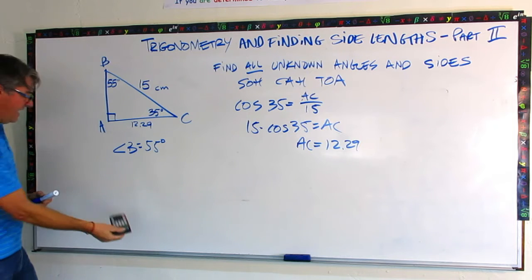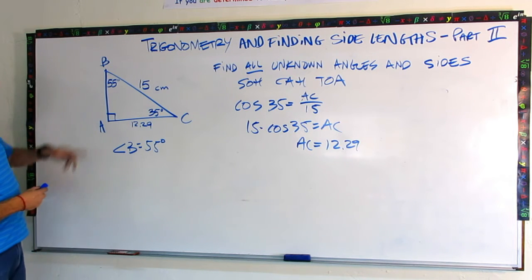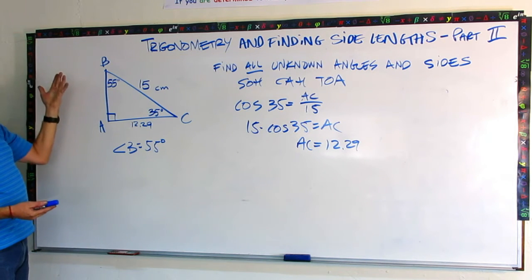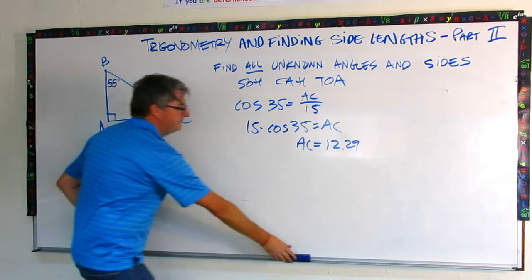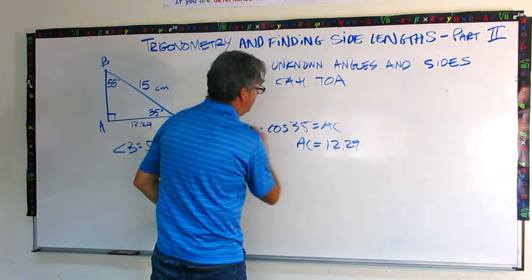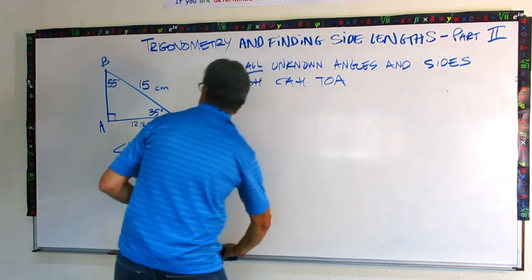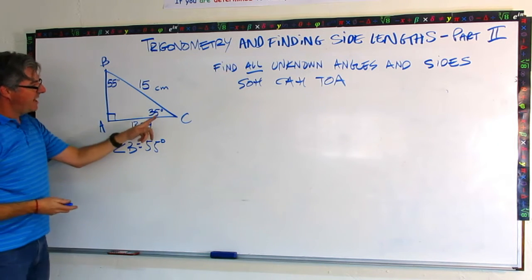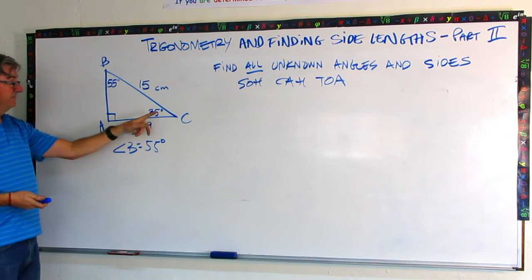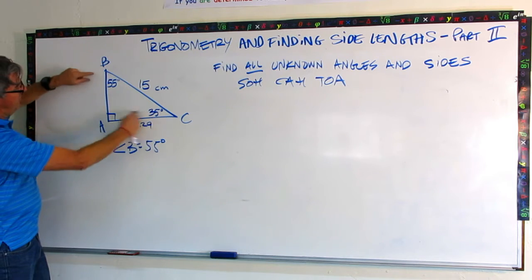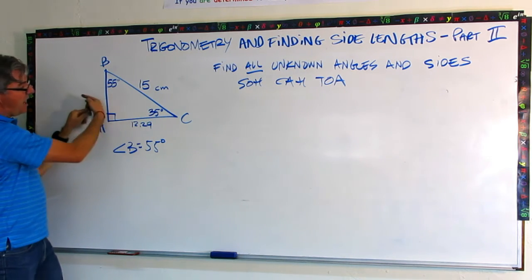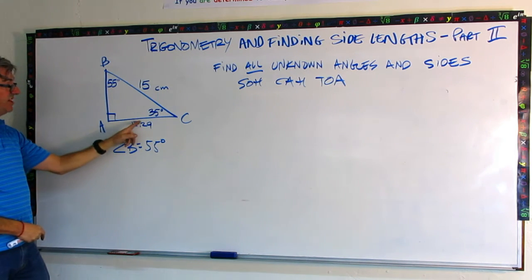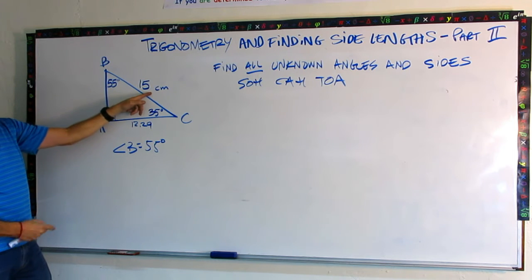Okay, so now let's find AB. What's that one? Let's make some room. So again, I'm going to use angle C. So AB is opposite of C. It's not adjacent, that was this side, and the hypotenuse stays the same.